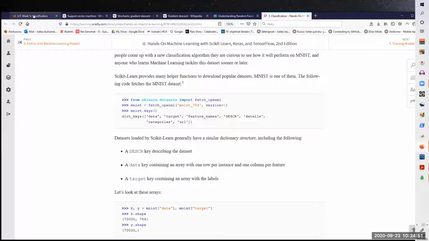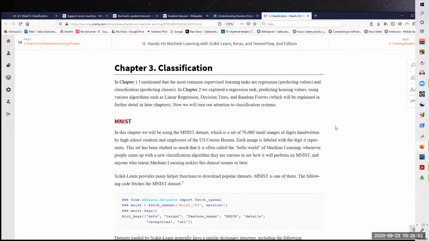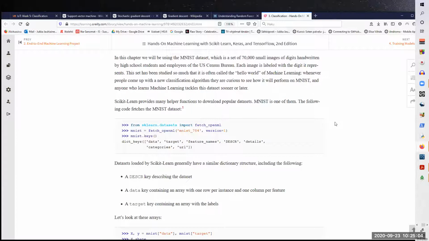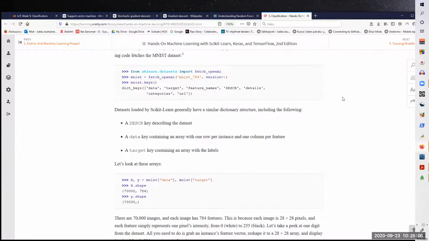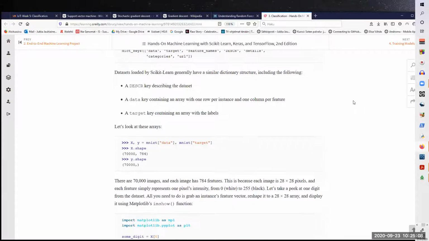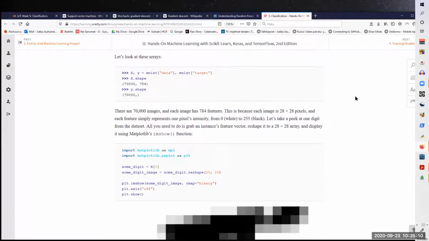When you open the Jupyter Notebook, it runs this example through, so you don't have to care about where it is actually located. The link seems to be working, so it just fetches the dataset for you.